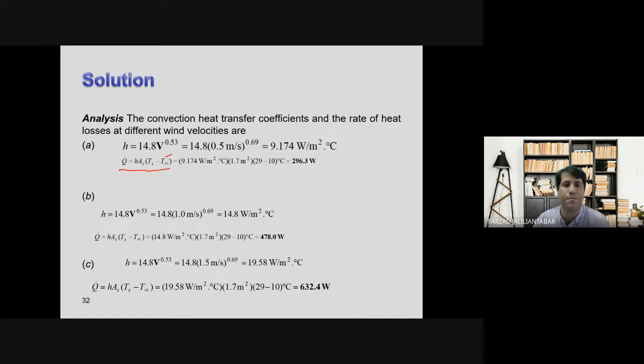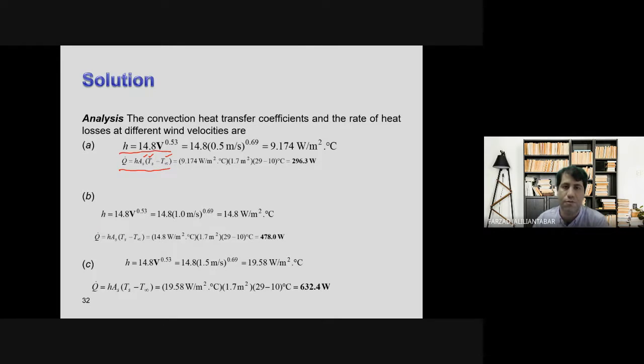T infinity is 10 degrees Celsius. Ts, or temperature of the surface of the person, is 29 degrees Celsius. As is 1.7 meters squared, given, and h. But h for parts A, B, and C will be different. Why? Because the velocity is different.